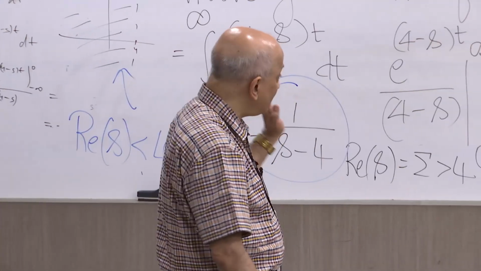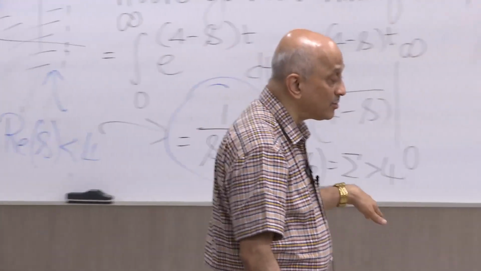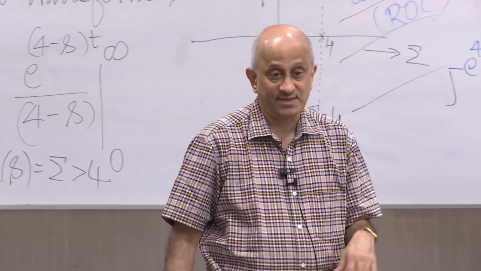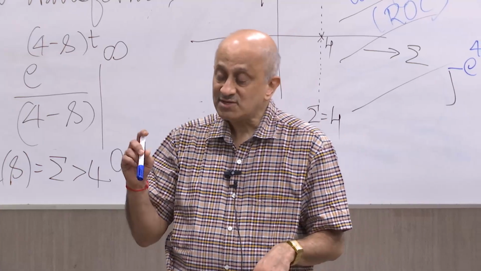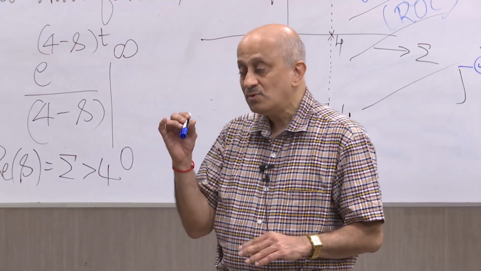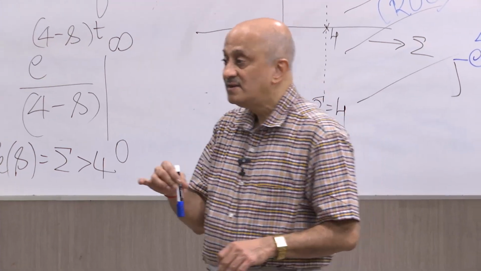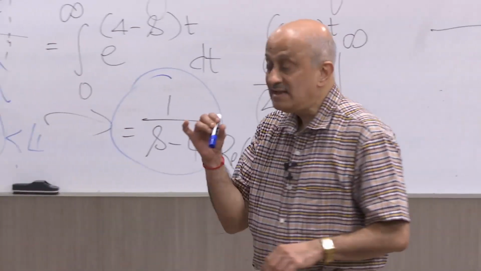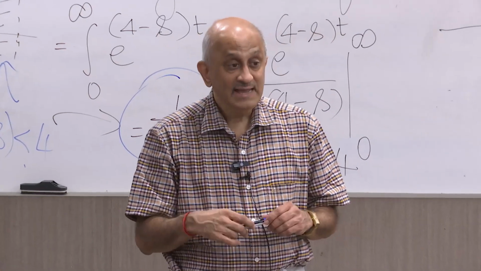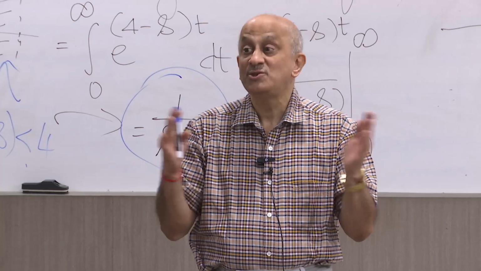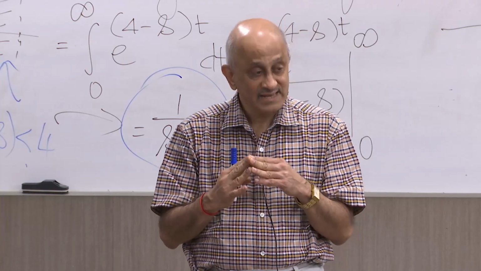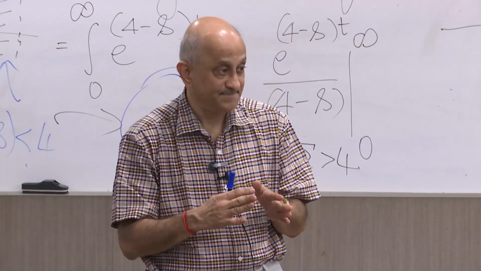So you see now the importance of the region of convergence. Not only does the region of convergence tell you what is needed for the integral to converge, it also distinguishes between two possibilities. Of course, the number of possibilities is finite.